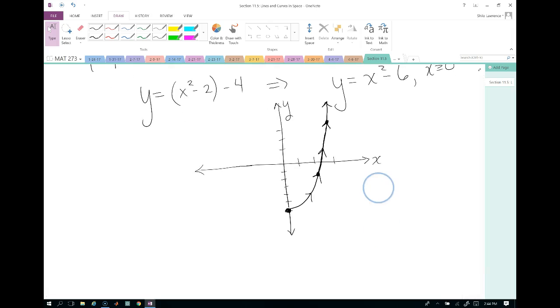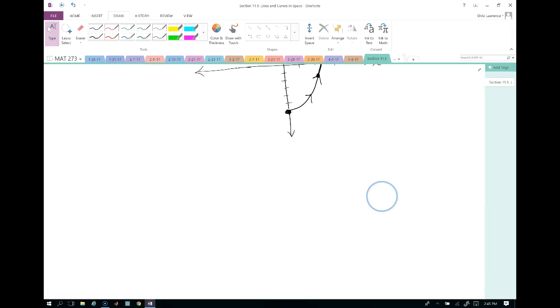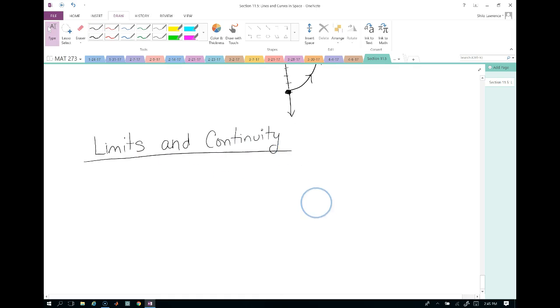Now we're going to wrap up this section with a quick little discussion on limits and continuity, because both of these relate to the sketching of our curve.